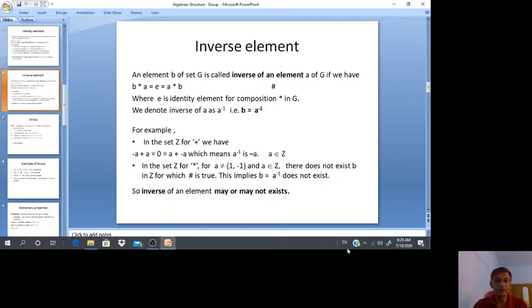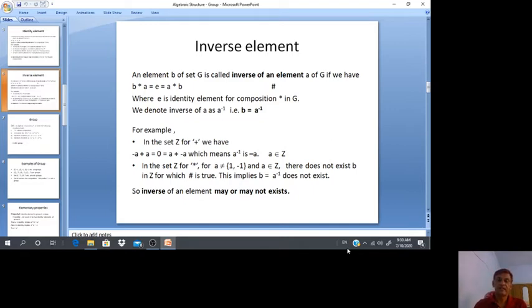In the set of integers for multiplication, we see that there does not exist any B for which the above equality holds, that is, B star A is equal to E is equal to A star B. For example, let us take A equal to 2, then there does not exist B in Z for which B star A is equal to E and A star B is equal to E. So this means that the inverse does not exist for the elements in Z except 1 and minus 1.